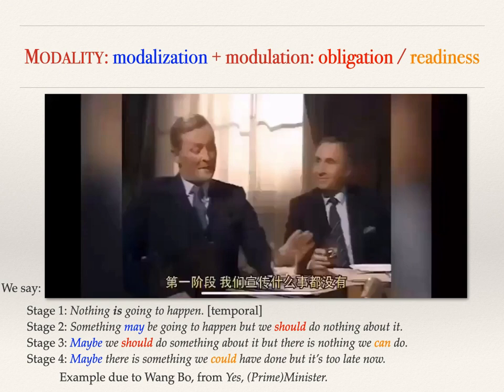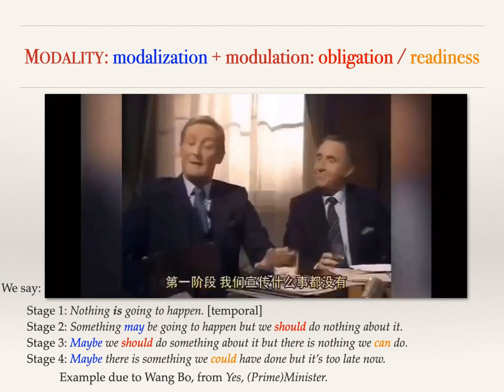So in blue, you have the modalizations: may, maybe, maybe. In red, the obligations: should. And then in orange, the readiness. So I thank Wangbo for this example. I don't know what the Chinese glossary says, but as I said, it's from the long-running series, Yes Minister, Yes Prime Minister. Have a listen.